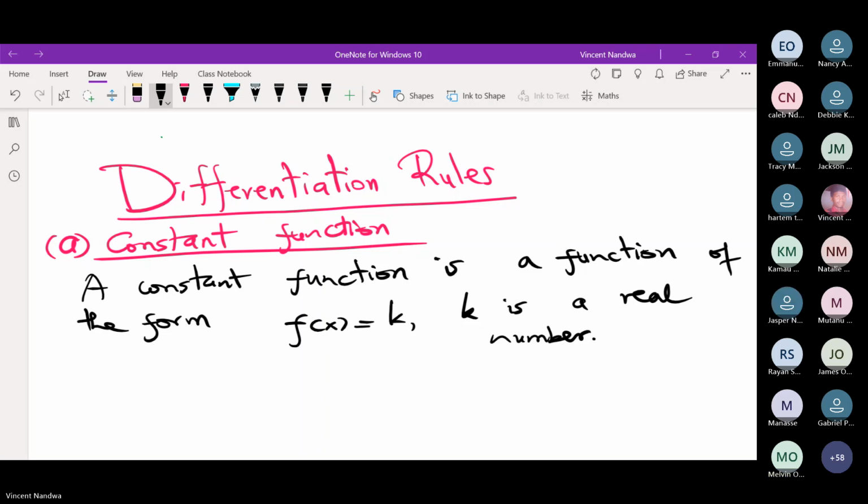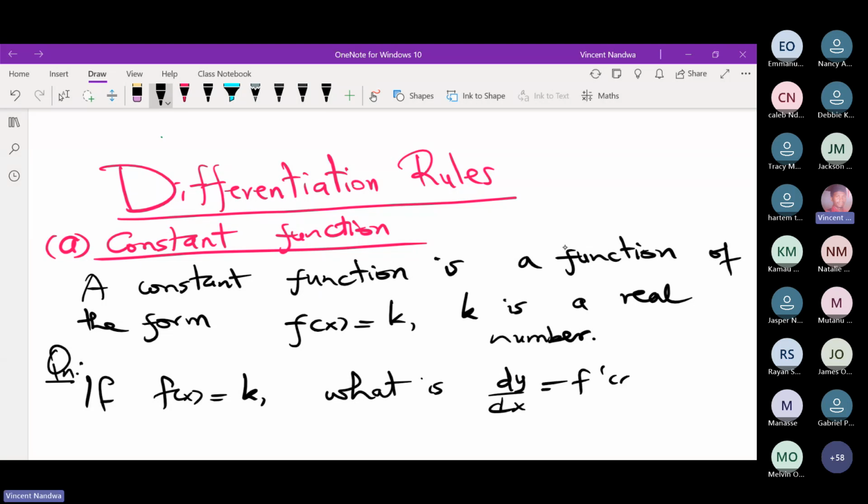So the question would be, if f of x equals k, what is dy dx? Which simply means the derivative f prime of x.